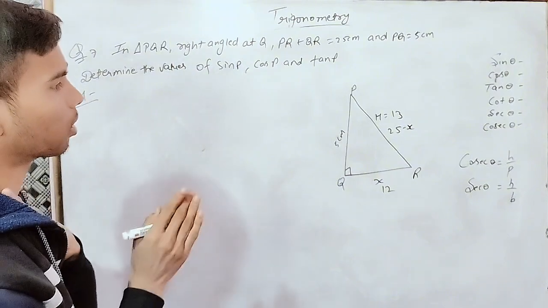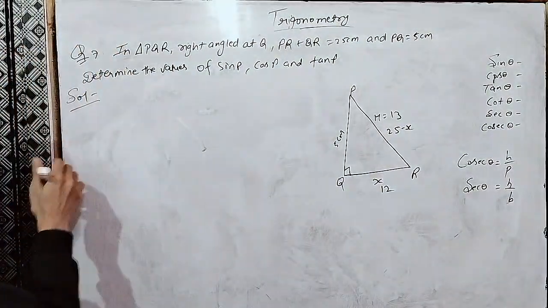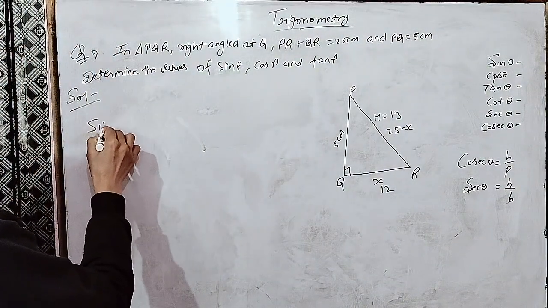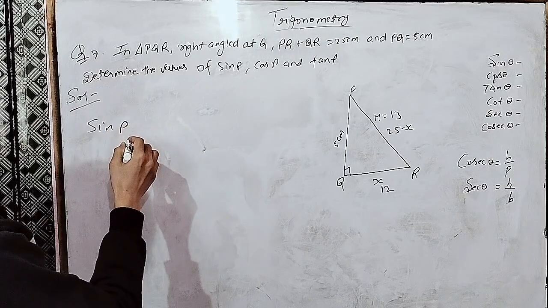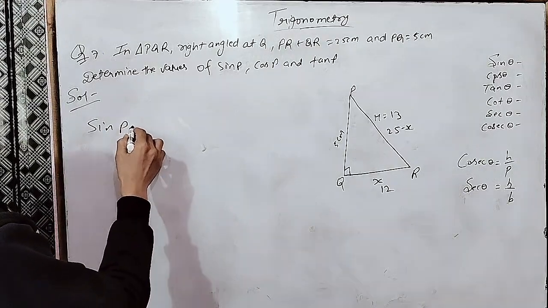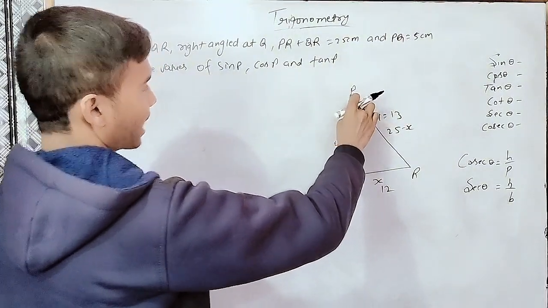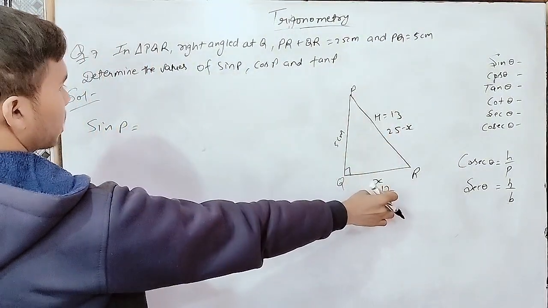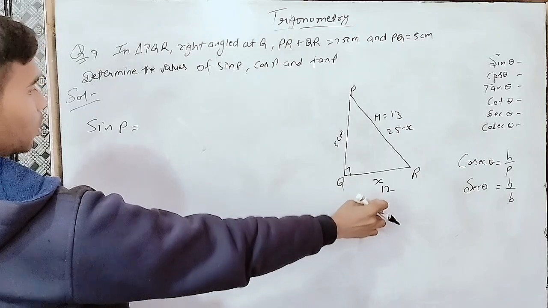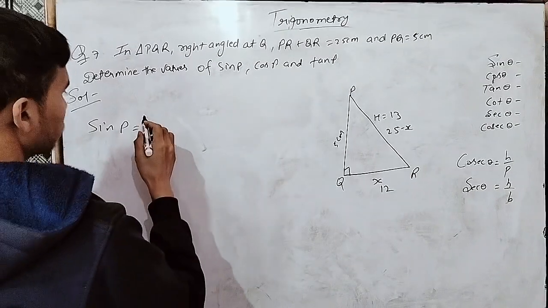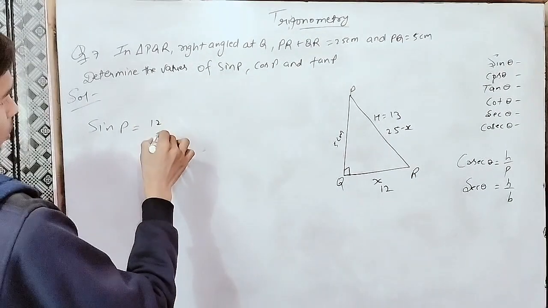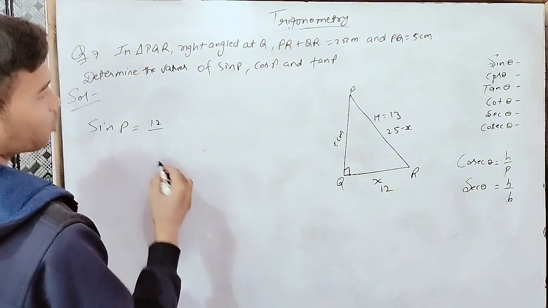So our question is sin P. According to the angle, our angle is at P, so our perpendicular will be QR. QR is 12 and H is 13.